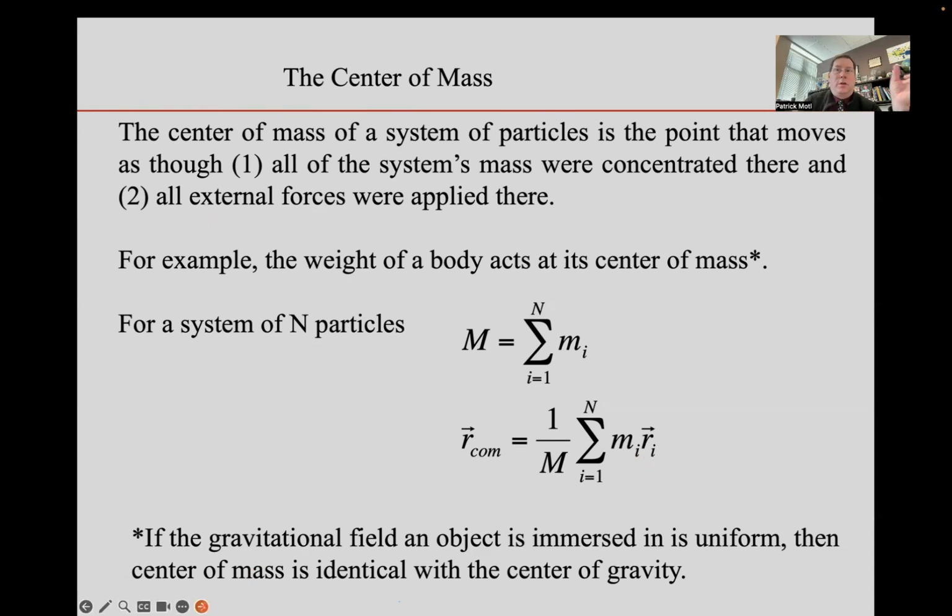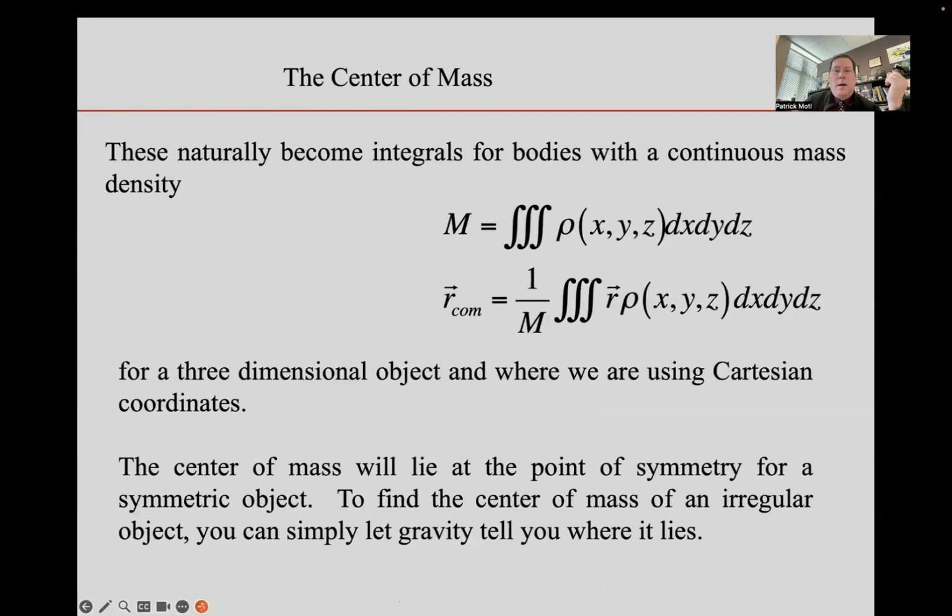Obviously, some objects are not made out of discrete blocks, Lego blocks, or coins, or whatever it happens to be. It's a continuous distribution, like for the Earth as a whole, or the center of mass of the fluid in my coffee cup, for example. Those are continuous mass distributions specified by a mass density rho.